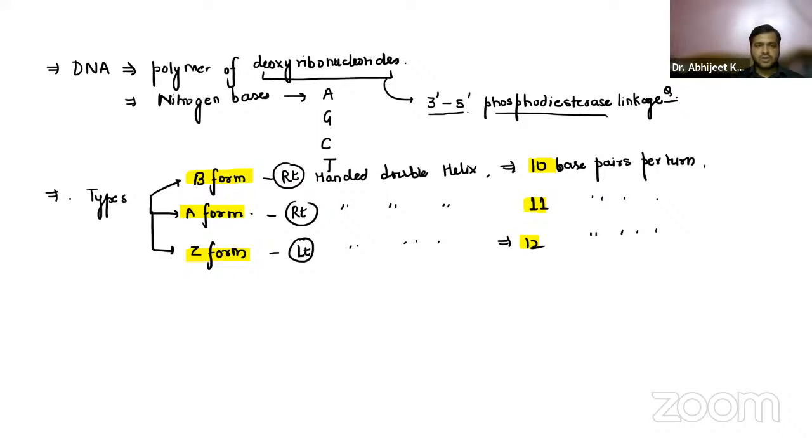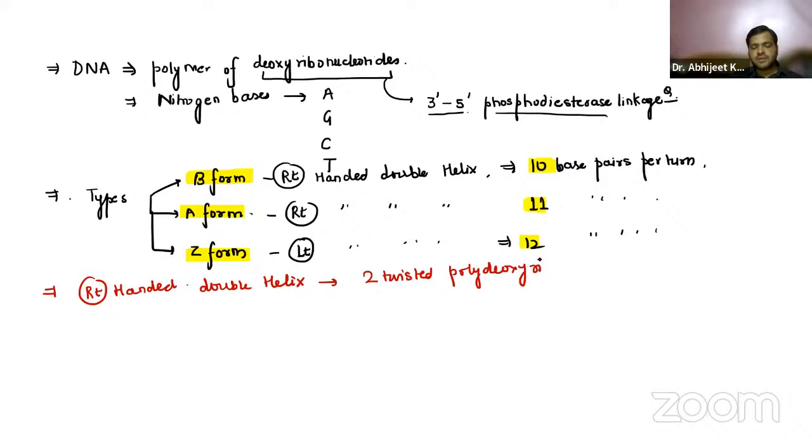So now if we talk about the structure of the DNA, we have discussed the composition, how the DNA is made up. Now, coming to the basic structure, guys. Remember that DNA is a right-handed double helix, consisting of two twisted polydeoxyribonucleotide strands.